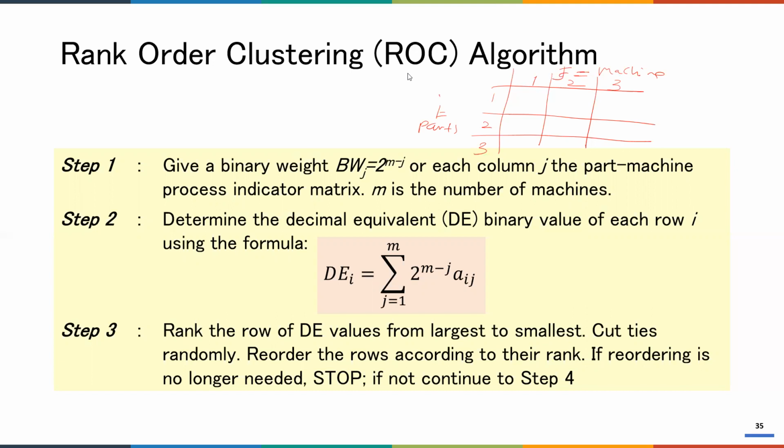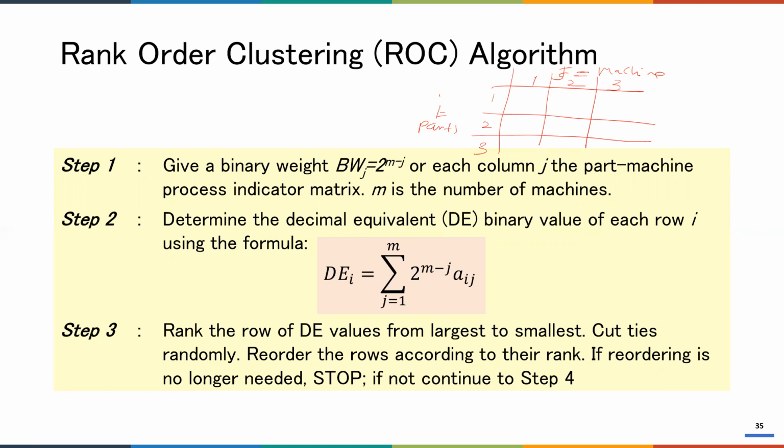When you say k-means, the means is the average distance from one point to another point, considering several classifications. In this case, we're just going to use the indicator matrix based on the parts and the data of machine. So why it's mentioned clustering, because we try to make a cluster, which is actually the machine cell.